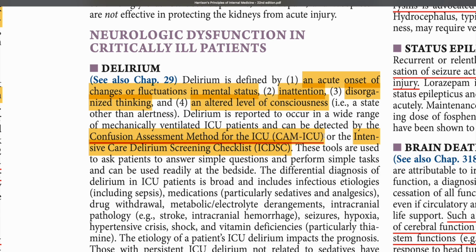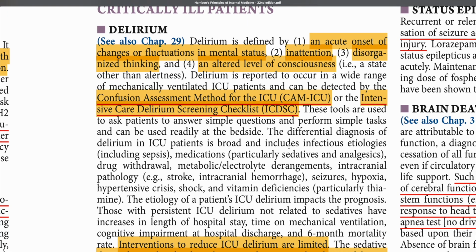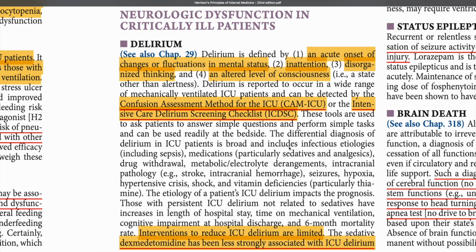You can remember it as CAM ICU, or intensive care delirium screening checklist. They just ask simple bedside questions; you can check this checklist online.